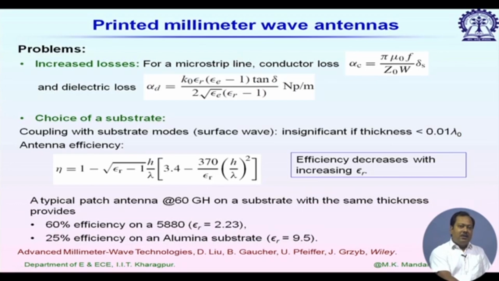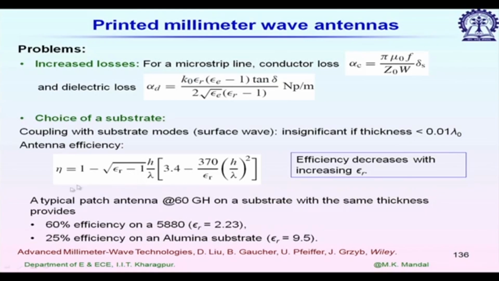Why does antenna efficiency decrease with increasing dielectric constant? Because when we increase the dielectric constant, it generates more surface wave, because the thickness of the substrate is fixed, but in terms of lambda, the effective thickness is increasing with increasing epsilon r. For one typical example, consider a patch antenna designed at 60 gigahertz on substrates with the same thickness but different epsilon r.